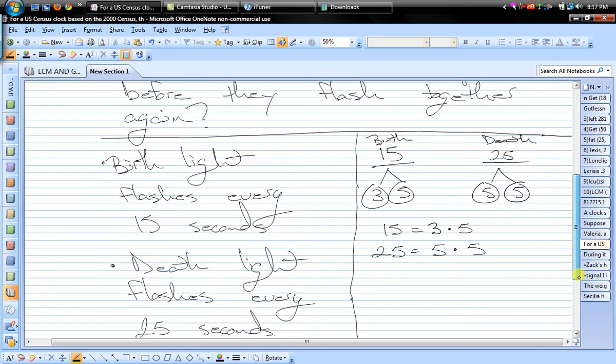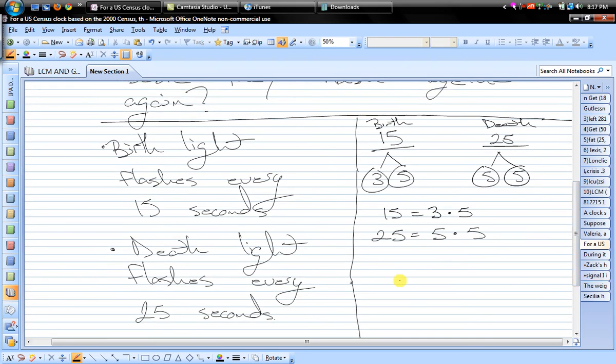In order to do that, we need to have all of our factors represented the greatest number of times they appear. So the LCM is equal to 3 times 5 times 5, which equals 75.